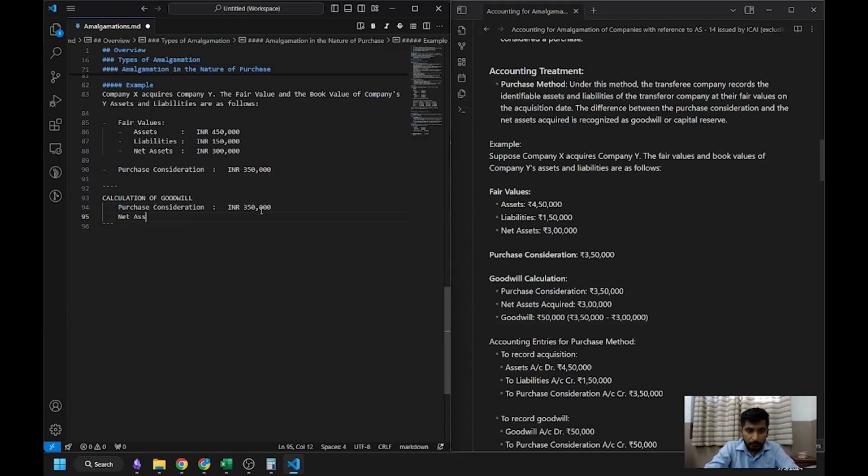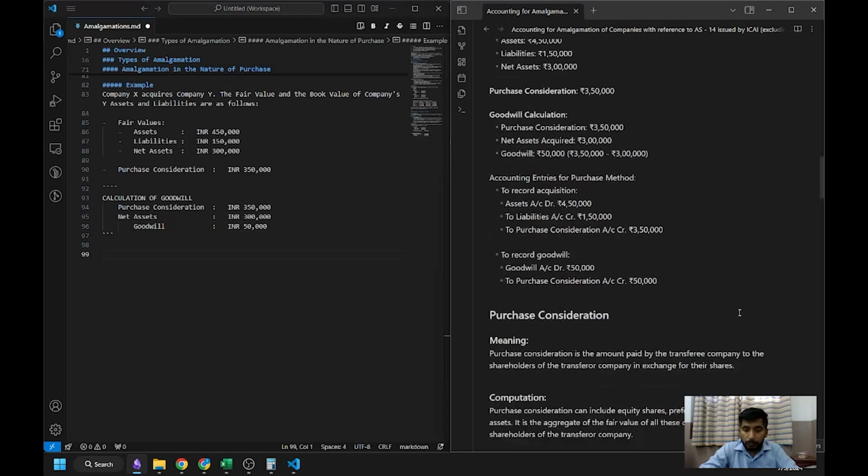Net assets are rupees 3 lakhs, according to the question, meaning that the remaining amount is what? Goodwill. That is 50,000. Okay.